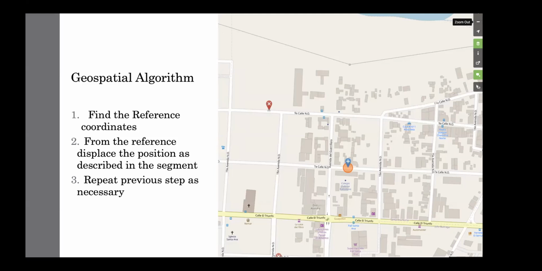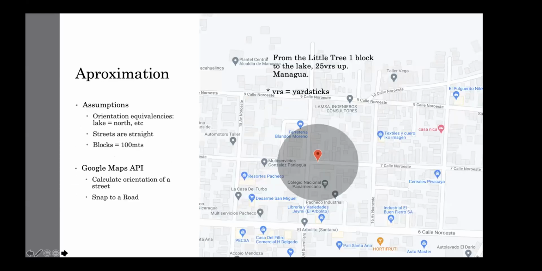In my case, specifically, I had little experience with OpenStreetMap, so I went to what I know, which is Google Maps. By using Google Maps, the best that we can do is an approximation, because we don't have, for example, the exact nodes that make up a street, and also we cannot know the inclination of the street. Like I said, the streets are not exactly, let's say, 0 degrees to the north.